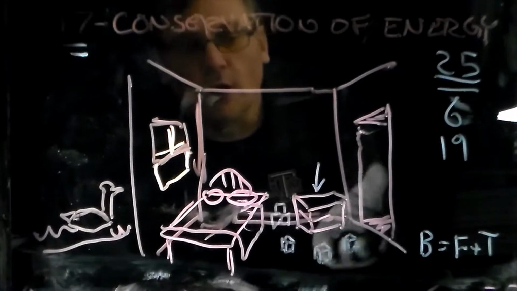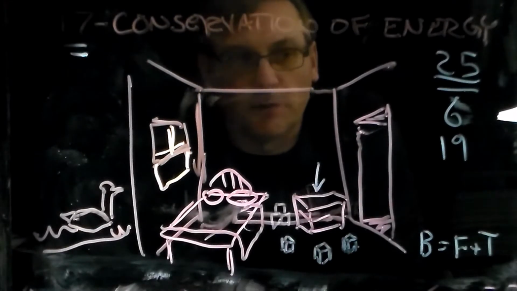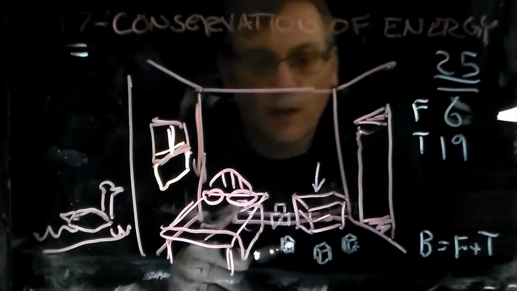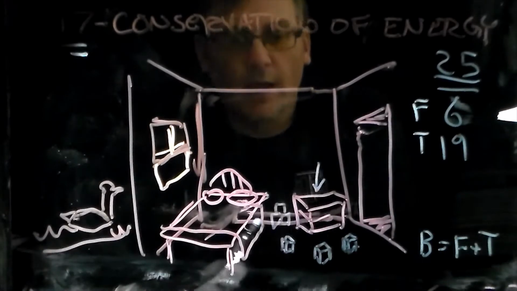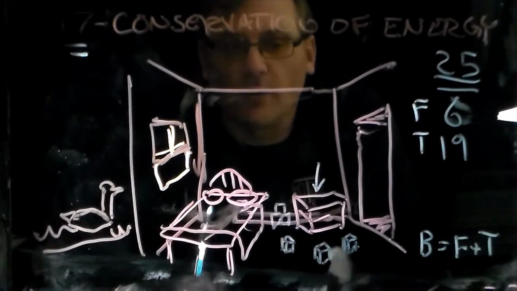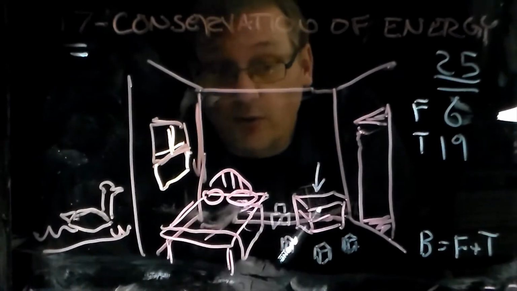Every once in a while she'll come in and clean up the blocks on the floor and put them in the toy box. When she opens up the toy box and puts them in, there'll be 19 blocks in there, and she'll know that all 25 of the blocks that she bought for her little boy are safe and sound in the room.